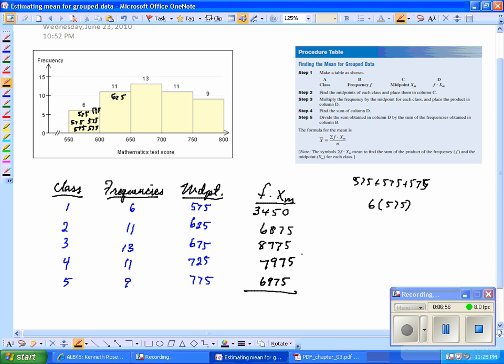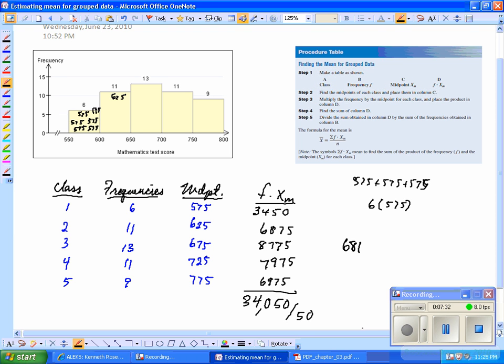So now I have 3450 plus 6875 plus 8775 plus 7975 plus 6975, and I hit enter, and that total is 34,050, which I'm going to divide by 50, and that'll give me my average. So divided by 50, something with a 1, 681. So my answer is 681. And that's how you do it.